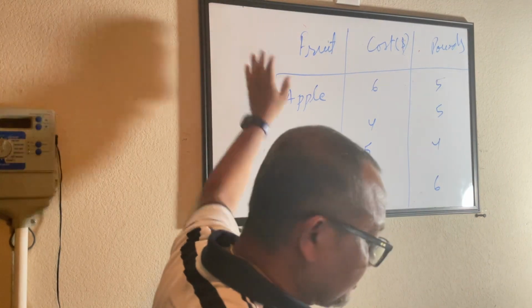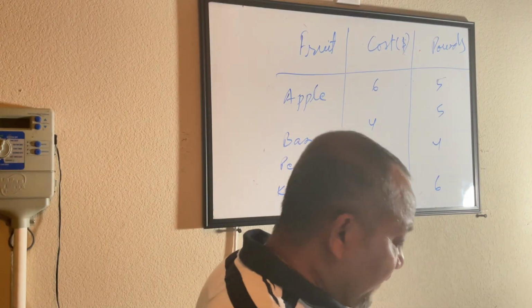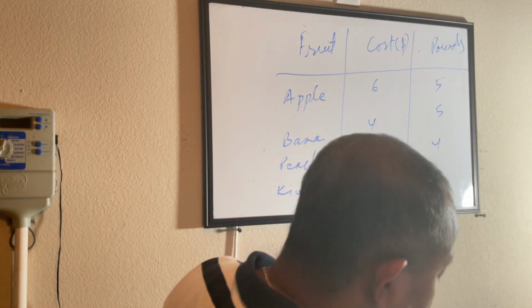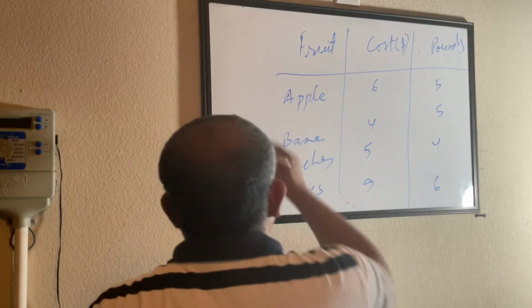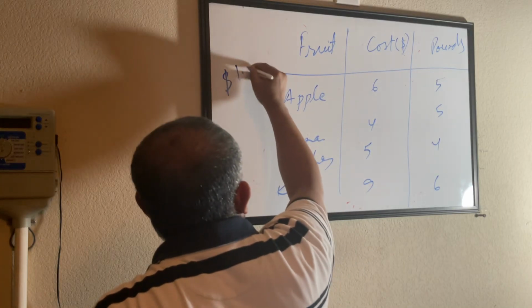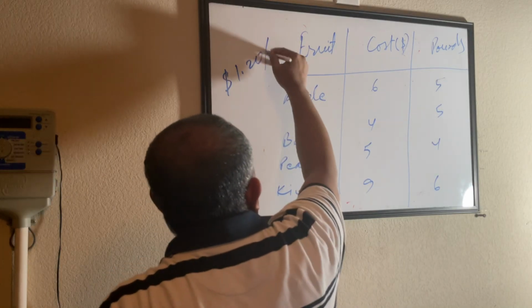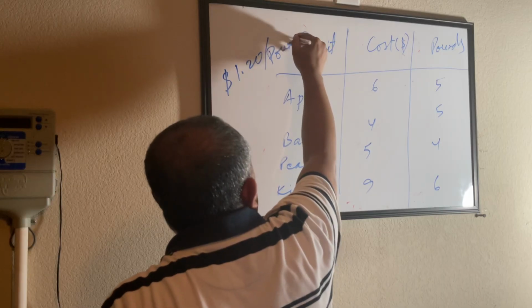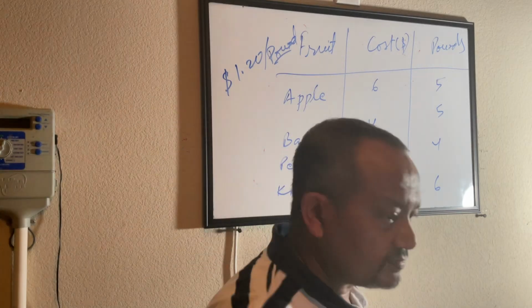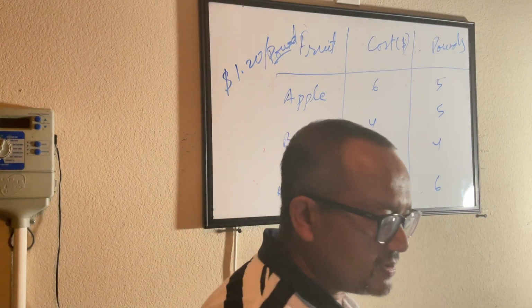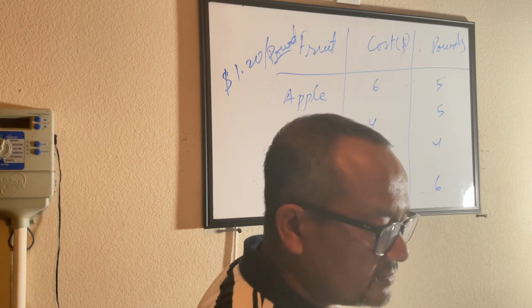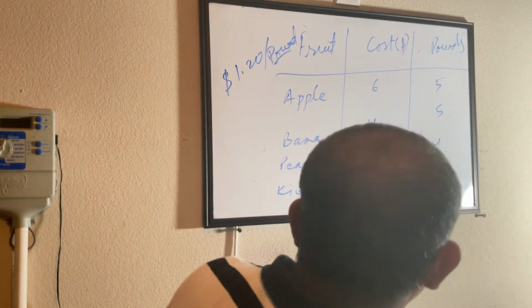Which type of fruit has a cost of $1.2 per pound? Yes, Hardik. Apples.